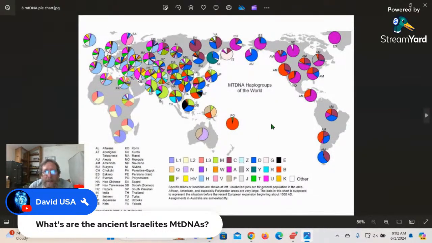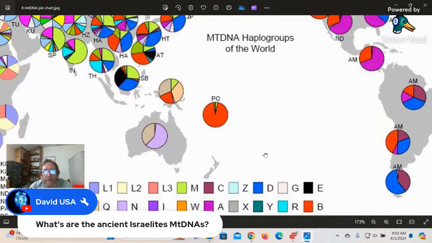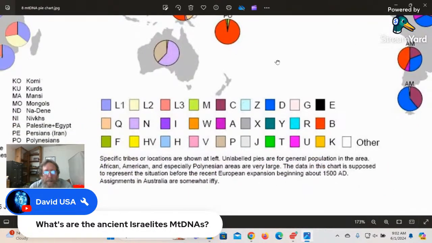Okay, so here we have it. These are the mitochondrial haplogroups of the world. So we have L1, 2, 3, 4, 5, and 6 are Hamitic. The M starts the Eurasian lineage, so it's M, C, Z, D, G, E, and Q, because we need to look at Q and M as well.